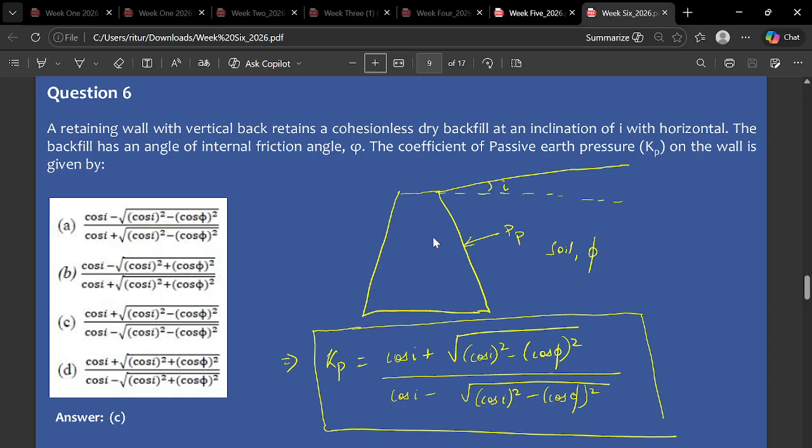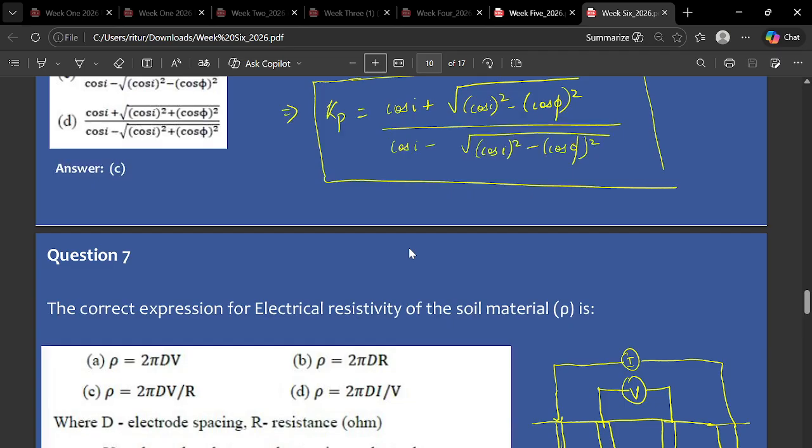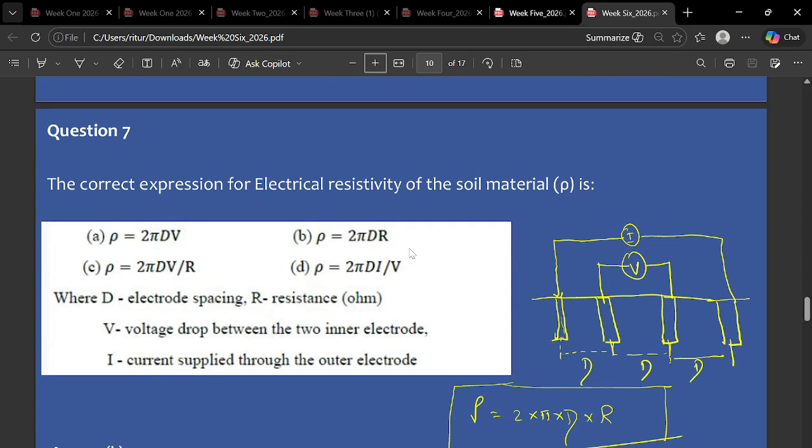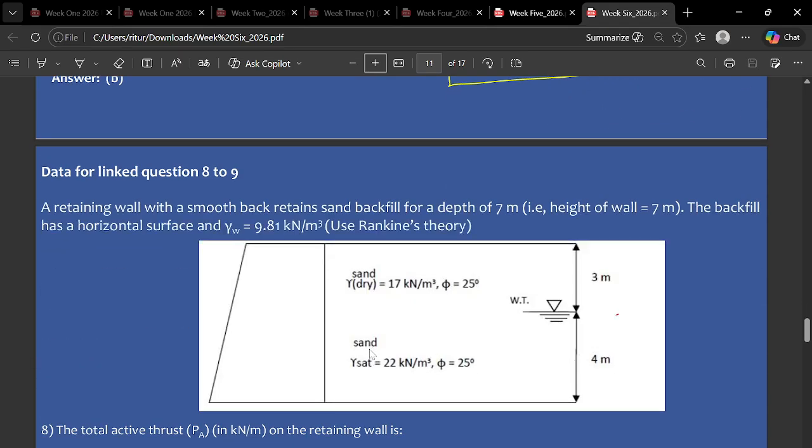And if you have the inclination angle or the internal friction angle phi, how will you calculate the earth pressure coefficient? And if you have different electrodes placed into the soil at a fixed depth and fixed spacing interval, how can you calculate the electrical resistivity of the soil?